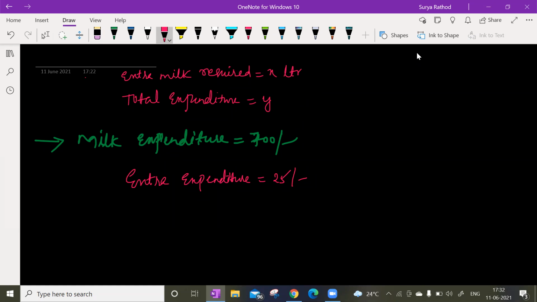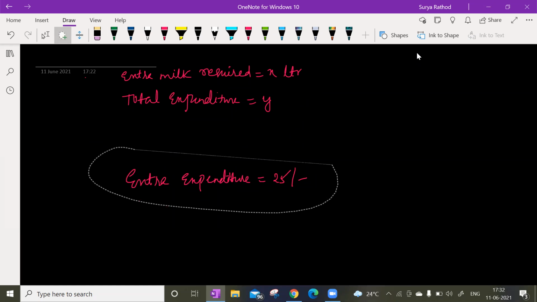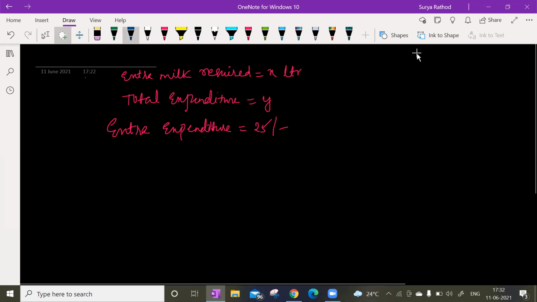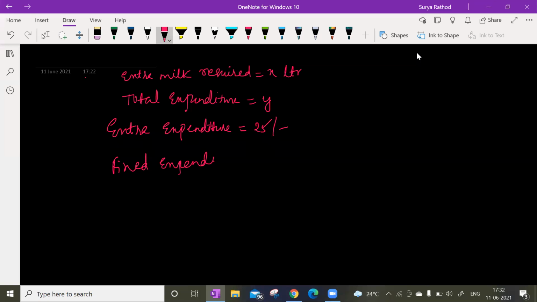Sir, 25x. And this is my fixed milk expenditure, 700 rupees.